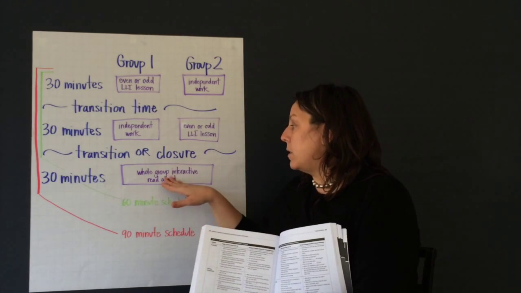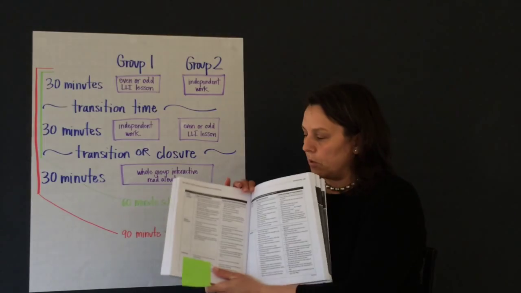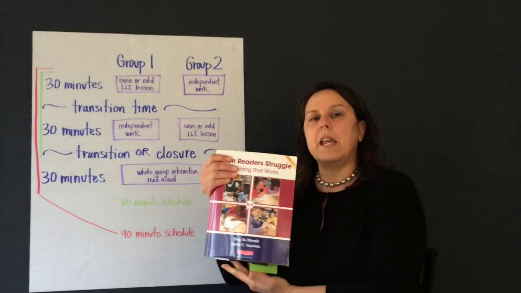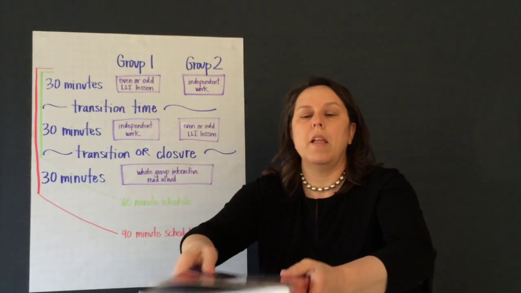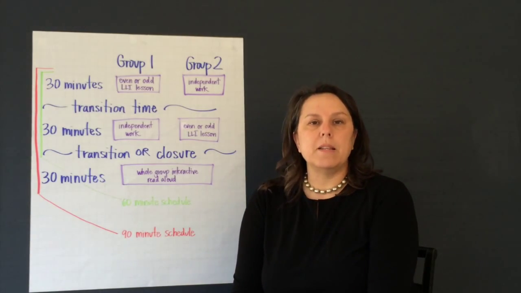That will help you as a teacher prepare for that interactive read aloud in a way that doesn't have a ton of burden. And a lot of the prompts that you'll use during that time are right here in When Readers Struggle. So that is an overview of the 60 and 90-minute segments.